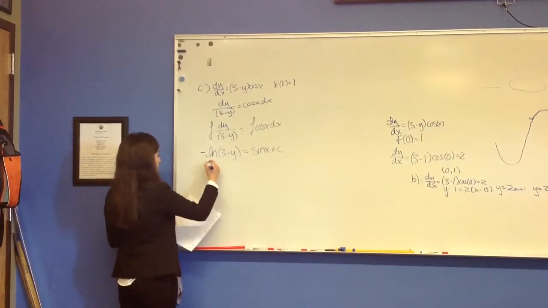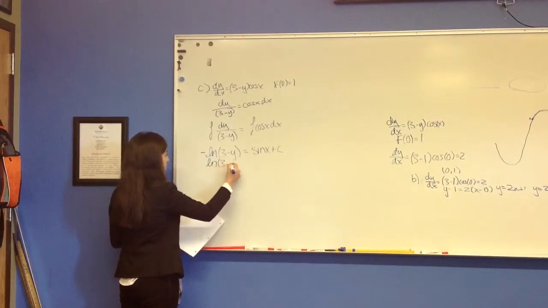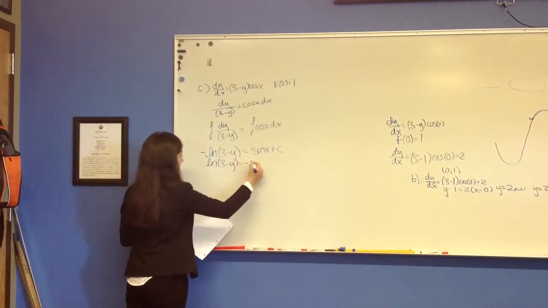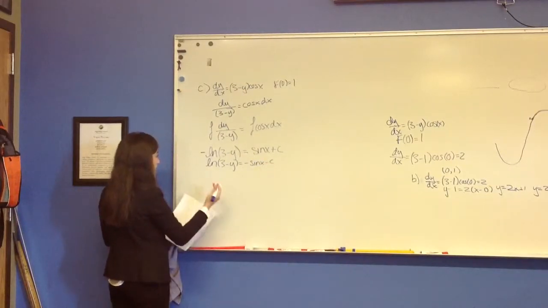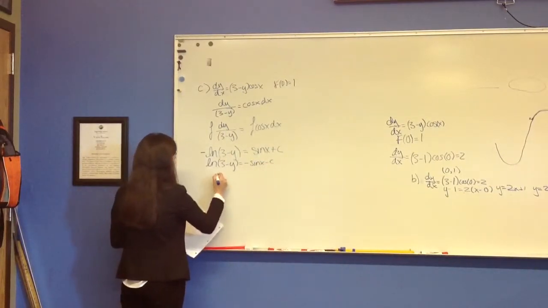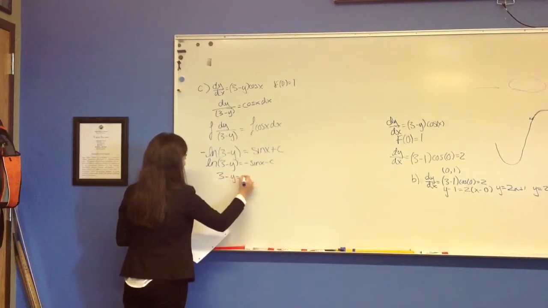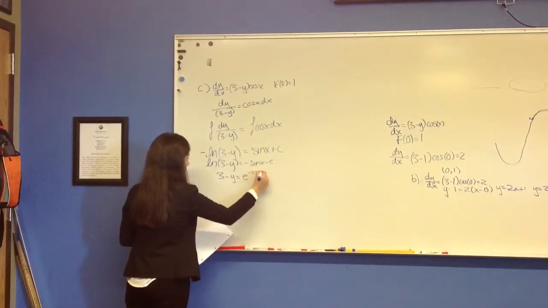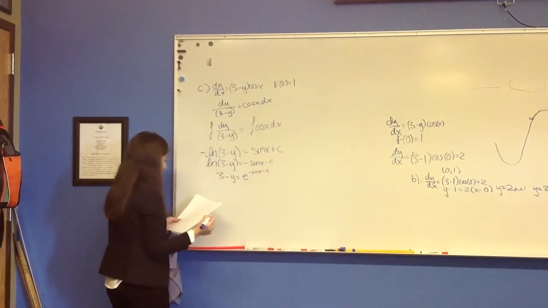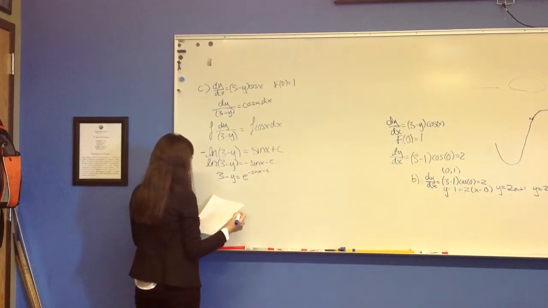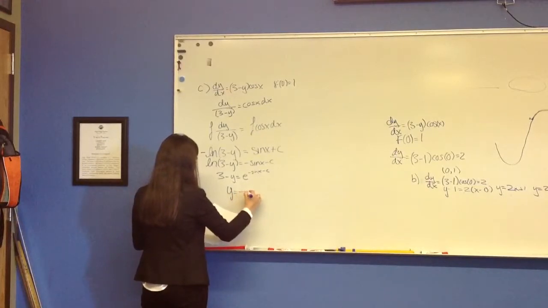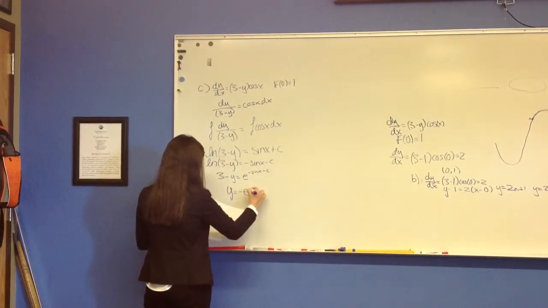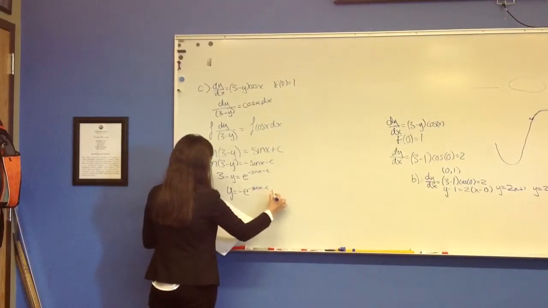So then what we eventually get is the natural log of 3 minus y, and solving for y, we get y equal to e to the negative sine of x minus c plus 3.